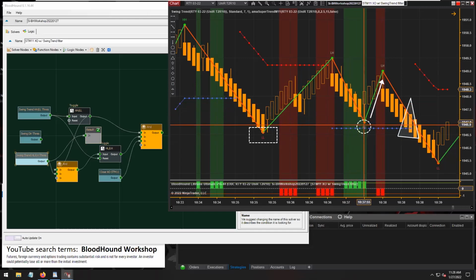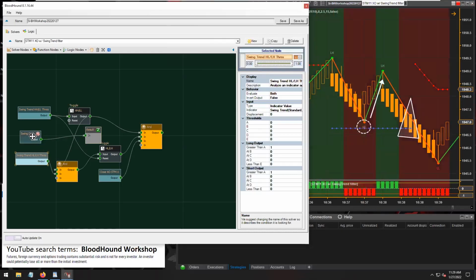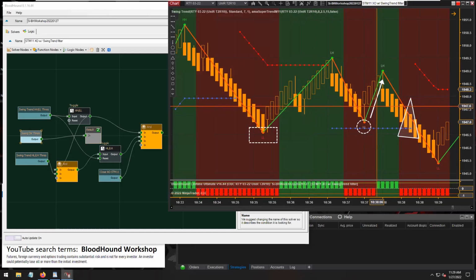But then it stops when the market reverses. If the market keeps going up, this higher low stops here. So I'm going to have to use a signal extender to extend this, let's see, 1, 2, 3 bars. Whenever the swing direction occurs here, 1, 2, 3, right?